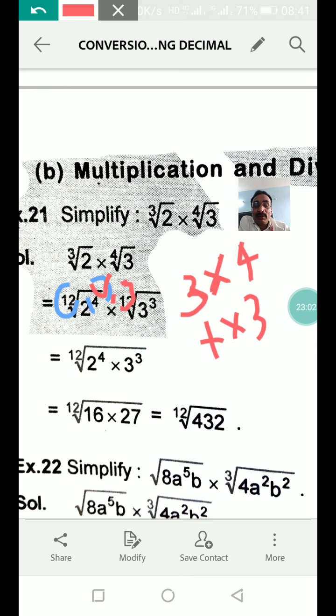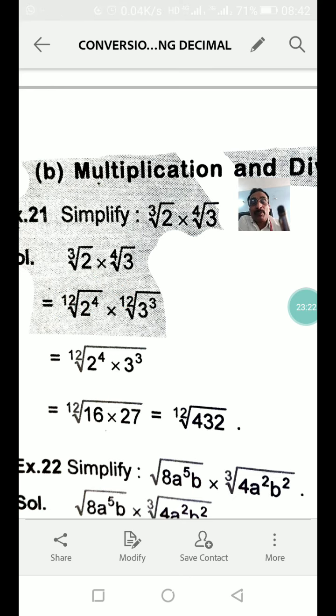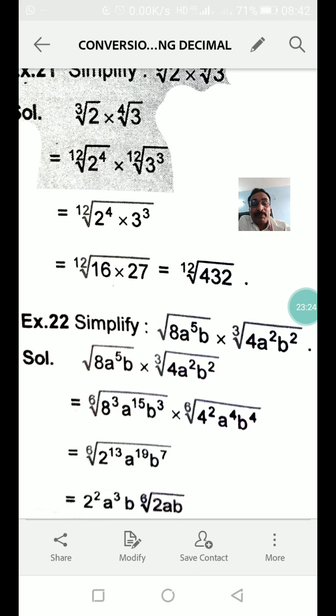Now you get them in the same order, you multiply, and you get the 12th root of 2^4 times 3^3. The value of 2^4 is equal to 16 and 3 cubed is equal to 27, and you get the 12th root of 432.